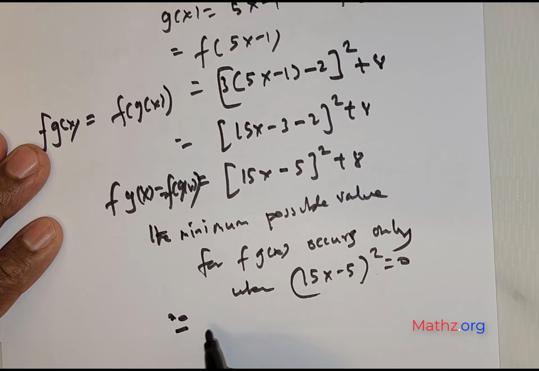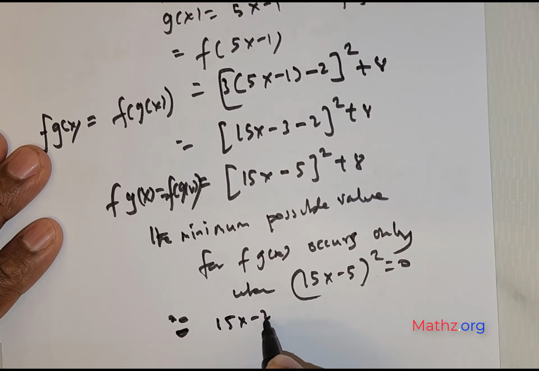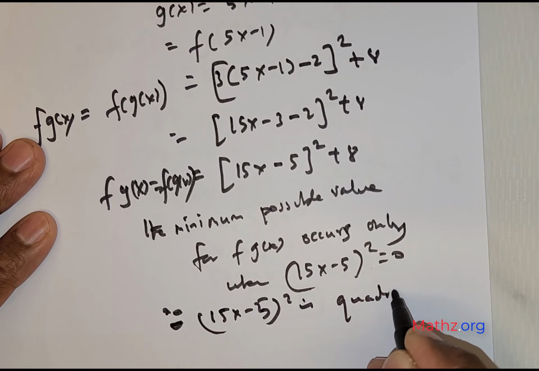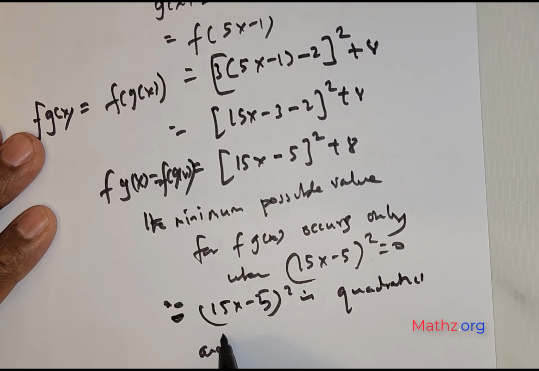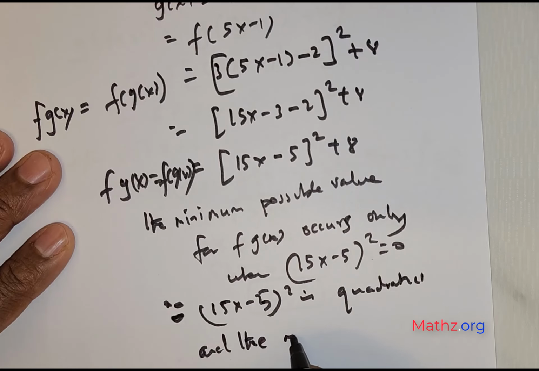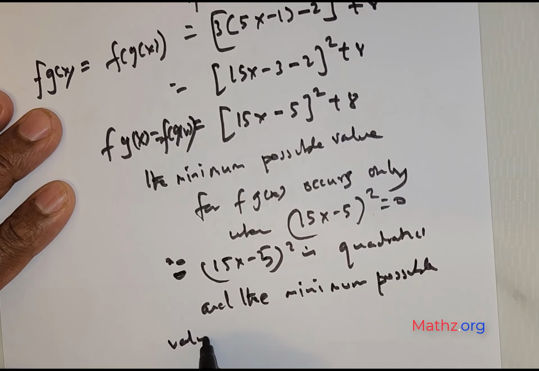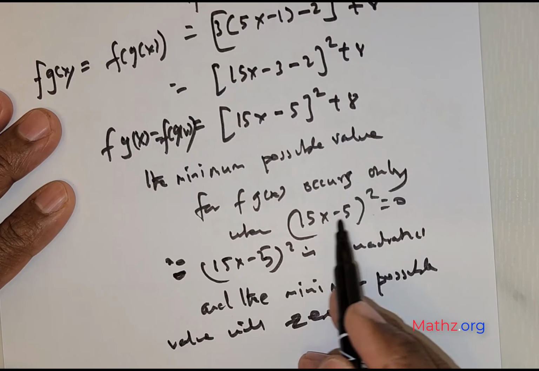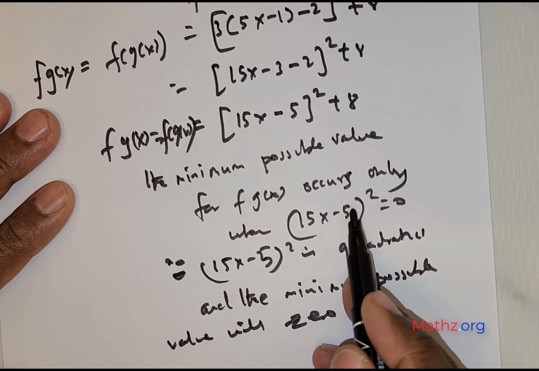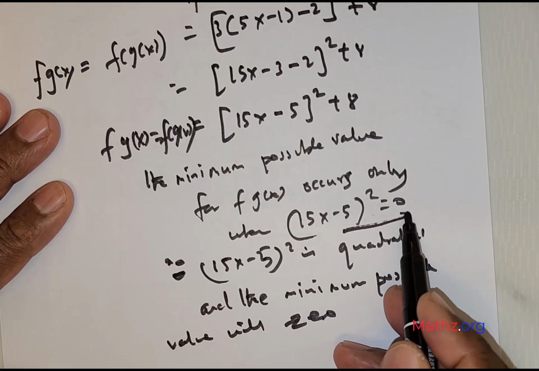So why do I say that? Since (15x - 5) squared is quadratic, and the minimum possible value will be 0, and that is why I am writing it as (15x - 5) squared is equal to 0, right?